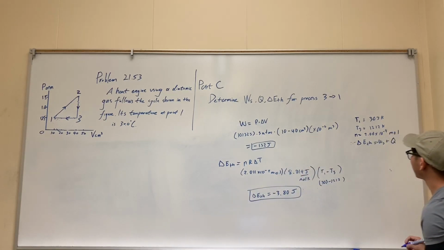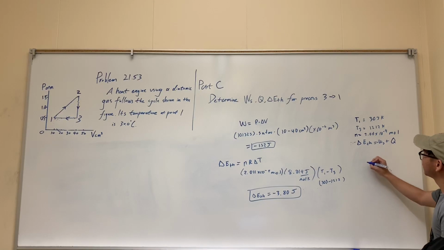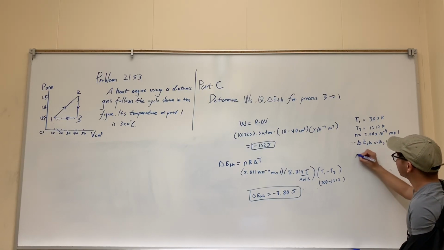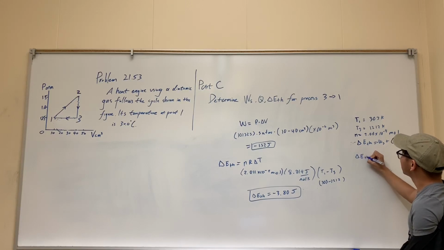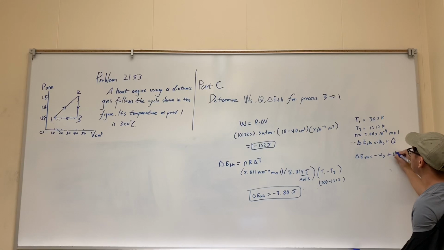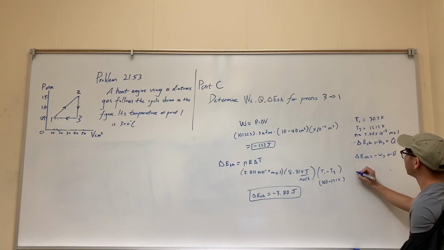Now we can solve for our Q with this equation again. Delta ETH equals negative WS plus Q. And we can move that to that side.